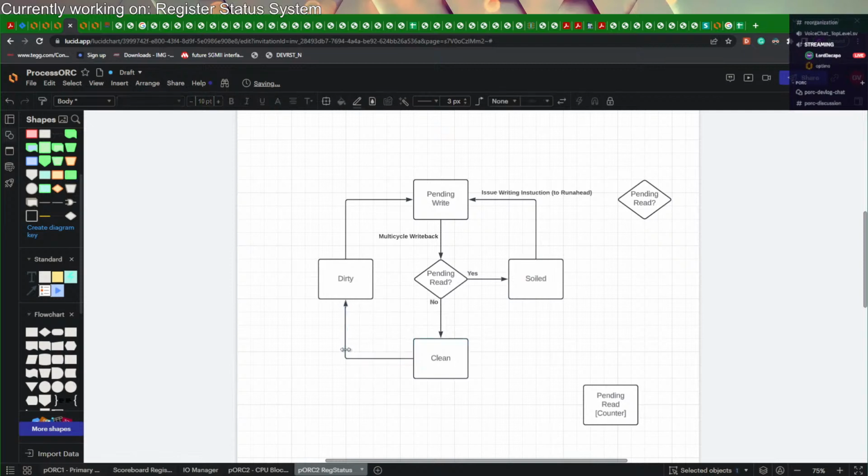This is any multi-cycle. I don't know why I deleted this. Multi-cycle write issue. I don't like that double use of the word. The multi-cycle issue, multi-cycle write back. And this should be the same condition.